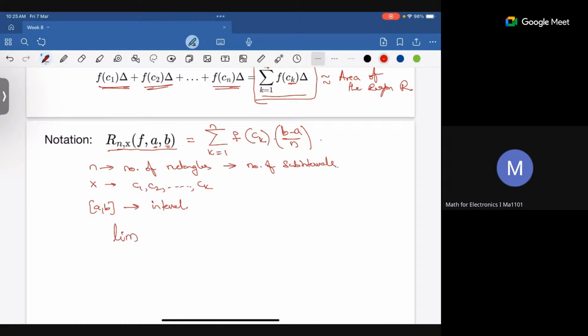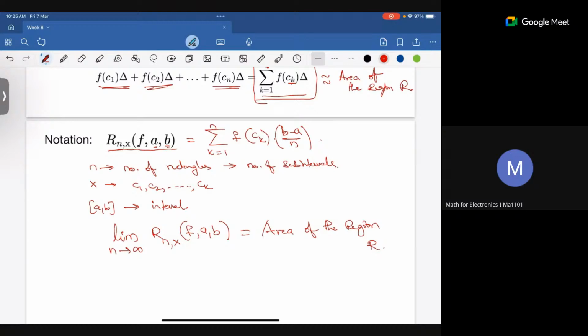So what we are going to do is take the limit as n tends to infinity of R_n(X, f, [a,b]). You have to tend n to infinity, and then you will get the exact area. So here I have put equal to the area of the region R.